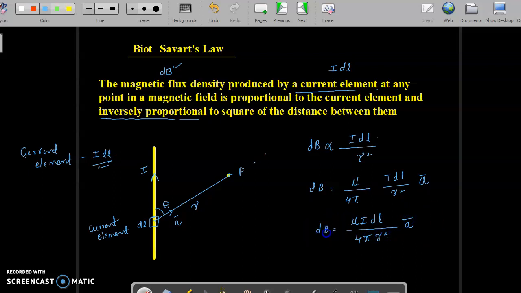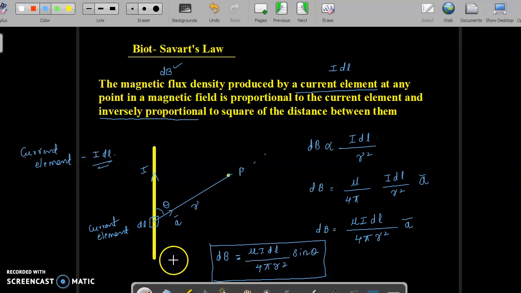This is the magnetic flux density produced at point P. When you write the small magnetic flux density at point P in absolute form, not vector form, we need to take account of theta. So dB becomes mu I dl over 4 pi r square, times sine theta. This is the magnetic flux density at point P.